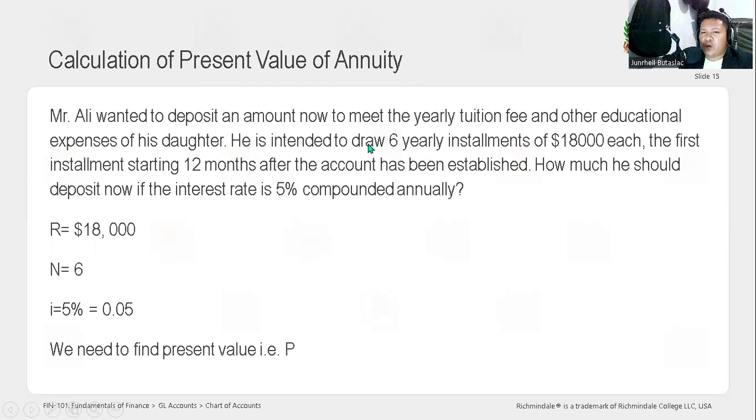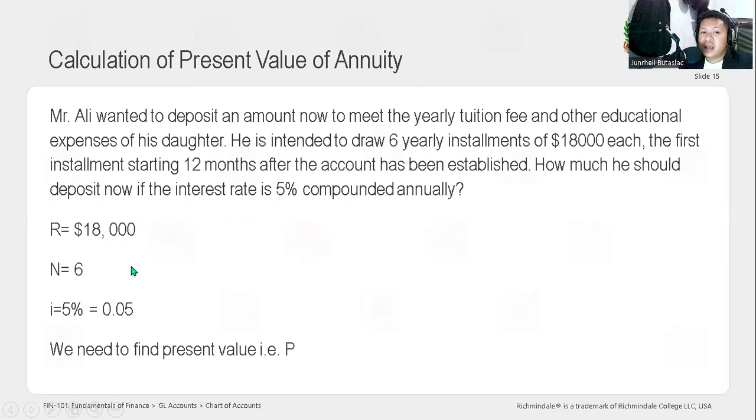Before we proceed to computation, we have to list down the given numbers. Our R is $18,000. Our n stands for the yearly installments, which is six.